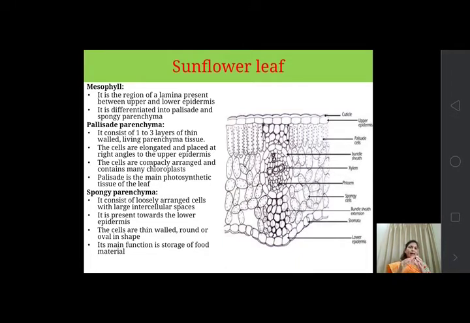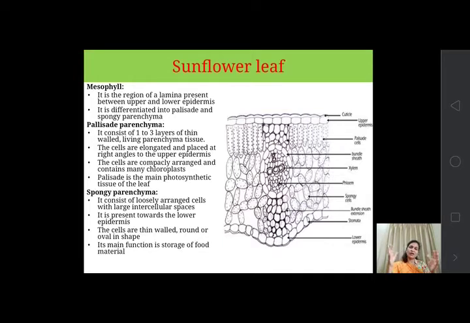So palisade parenchyma may be a single layer, or it consists of 1 to 3 layers of thin-walled living parenchymatous tissues. These cells are somewhat elongated or column-like and placed at right angles to the upper epidermis. Okay, this is the upper epidermis and they are present at right angles to it.